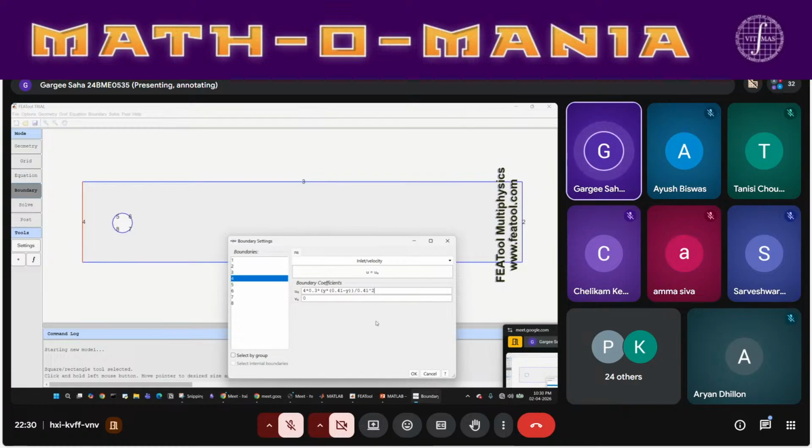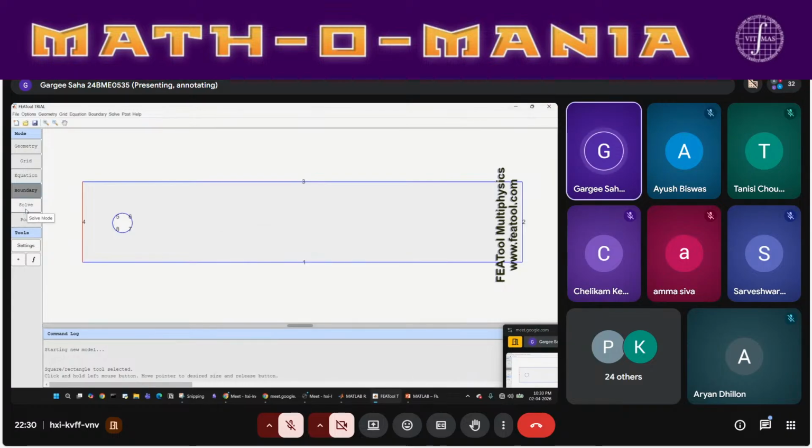So this is the inlet velocity that has been defined previously. Now let us solve this particular equation with the boundary conditions.